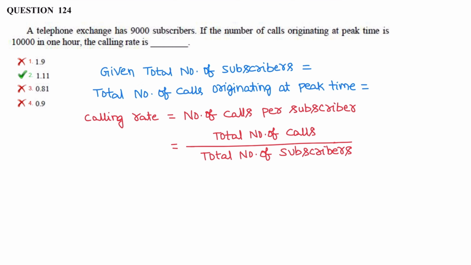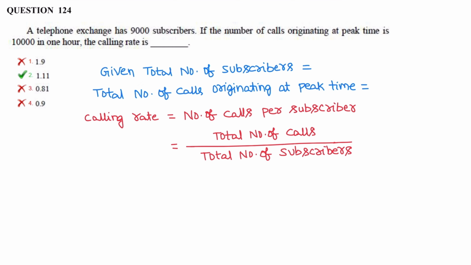Next question. In a 555 timer, astable mode of operation, the fundamental frequency of output waveform is. For astable mode of operation in a 555 timer, output frequency is 1.44 by RA plus 2RB into C. Correct answer is option 4.